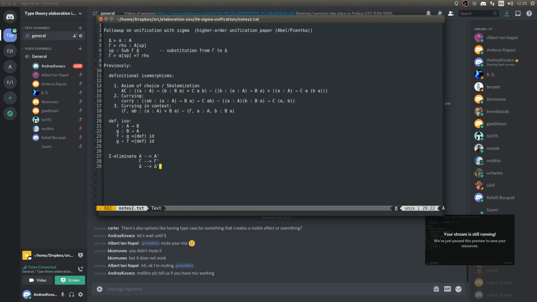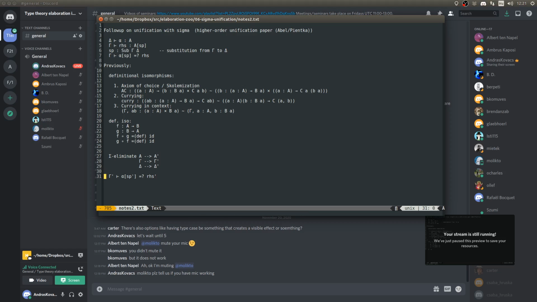And then we get a new problem, and the new problem looks like in gamma prime we want to solve alpha. And then we also have an SP prime, because we have to transport everything along these isomorphisms. So we have an SP prime and some arrays prime.